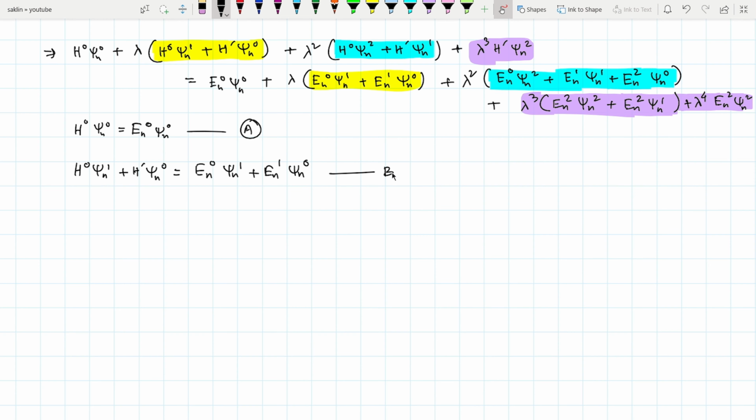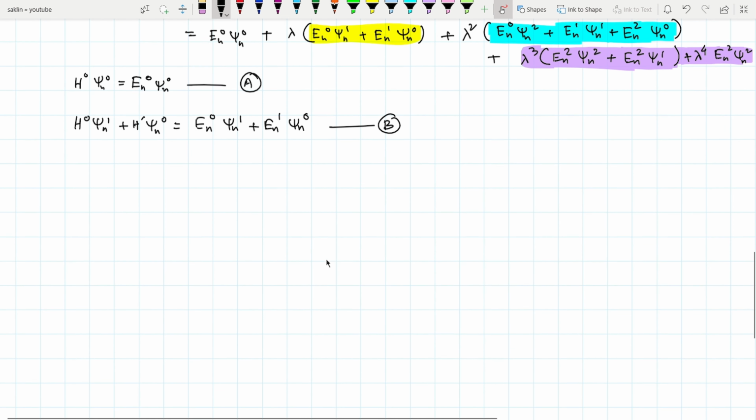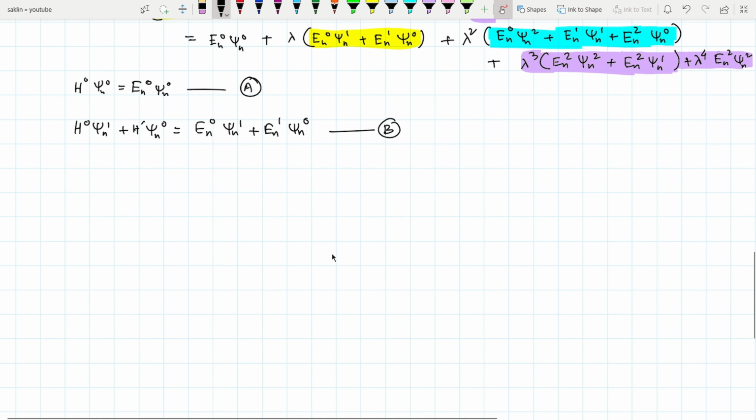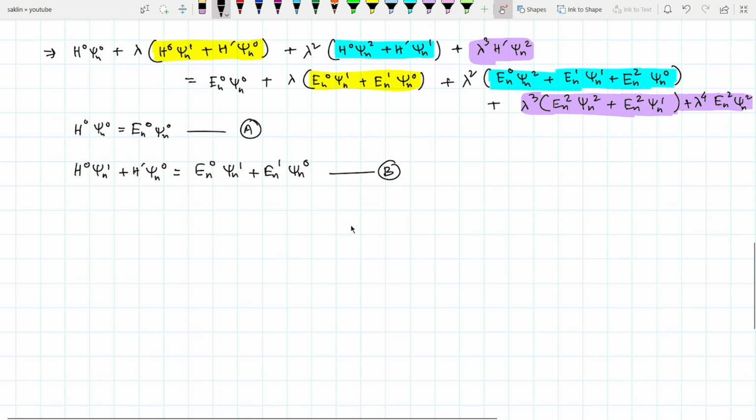That will be B. And the last, H0 psi n2 plus H dash psi n1, that will be En0. Be careful, because if it is wrong, then the whole calculation will be wrong.